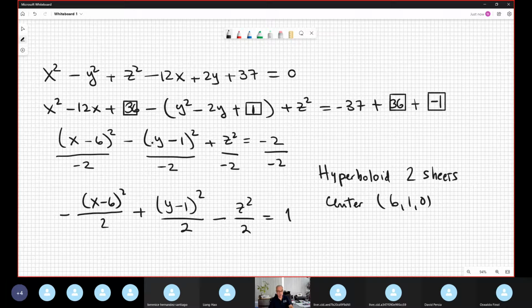Look, 6, 1, opposite sign to the equation, and 0, no translation in c. And the only variable that is different is y, because it's 2 negative. 2 negative indicate 2 sheets. And the difference is positive, so it's along the y-axis. End of story.